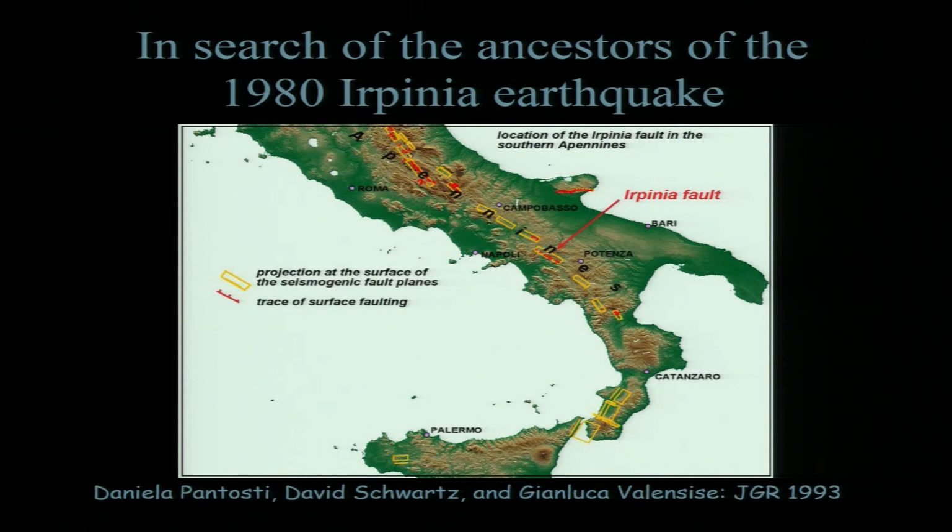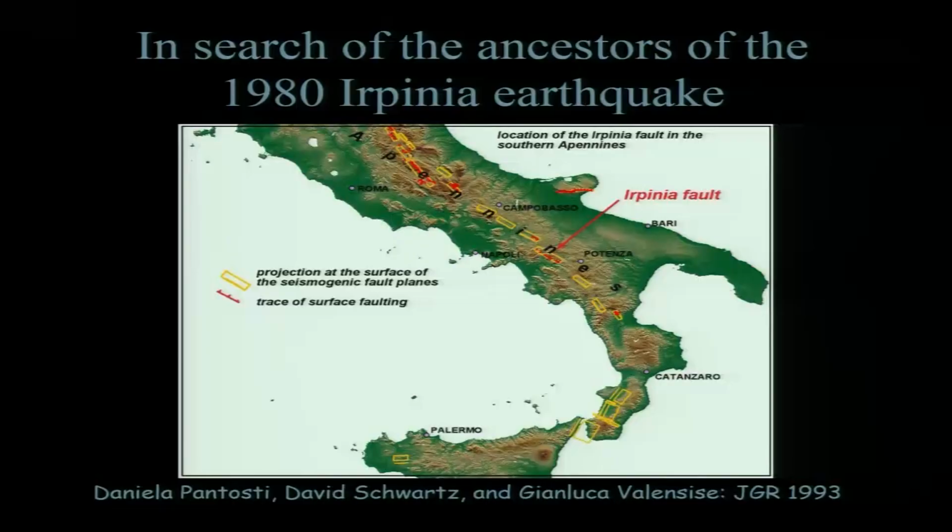Now, coming to one of the beautiful examples of normal faulting in Italy. This work was carried out by one of my close friends and her group, Daniela Pantosti from INGV Rome, and she supplied this presentation.